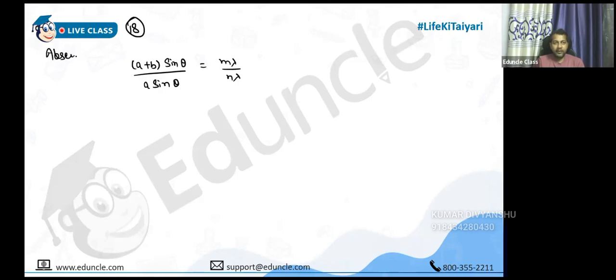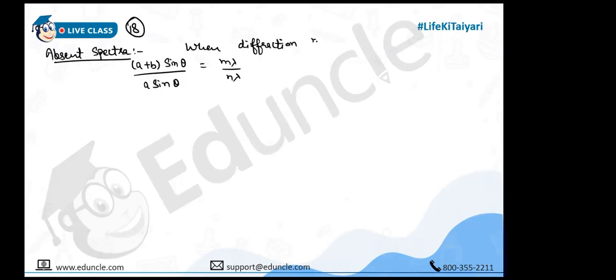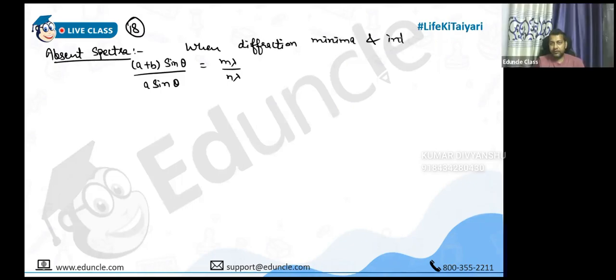This is the absent spectra: it is the case when there is an interference maxima at the position of a diffraction minima. It means the final answer is this.